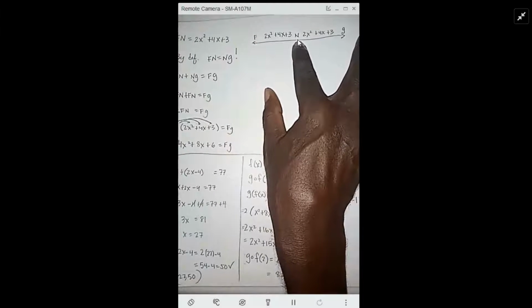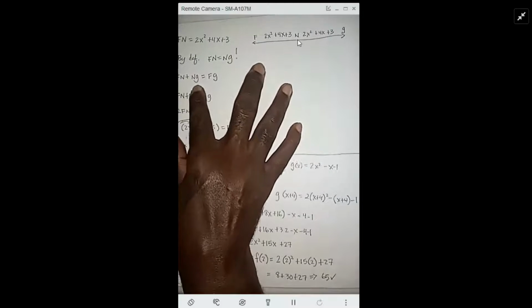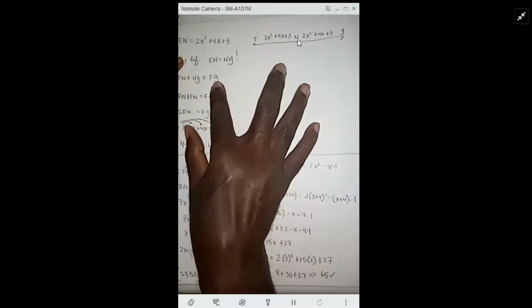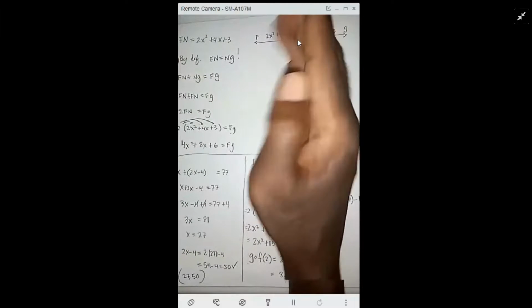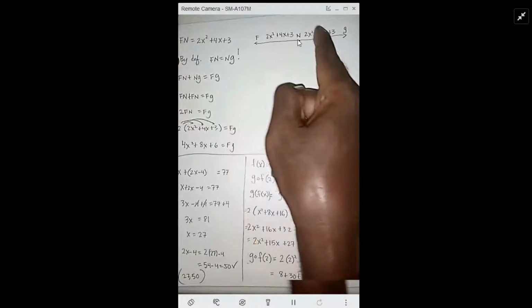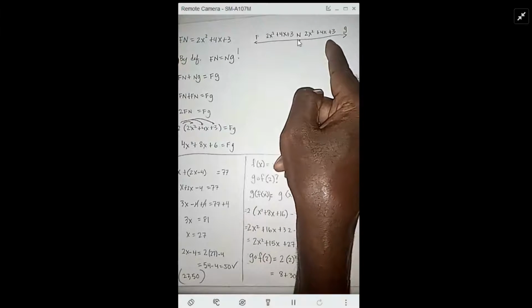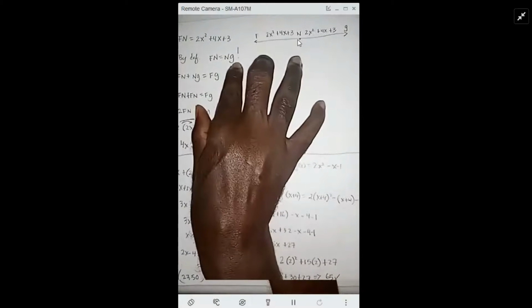By definition, FN plus NG equals FG. But a midpoint bisects, splits it right down the middle, which means whatever this is, it equals that. So FN equals NG.